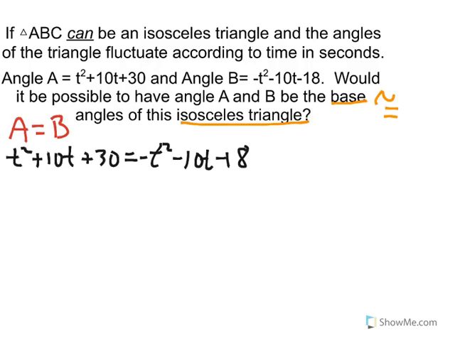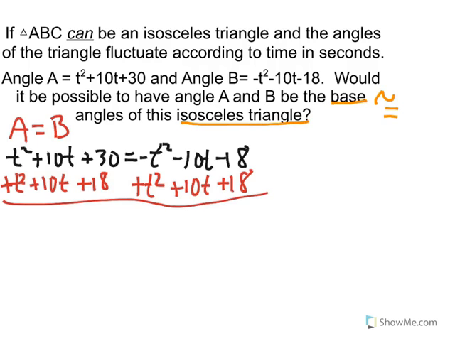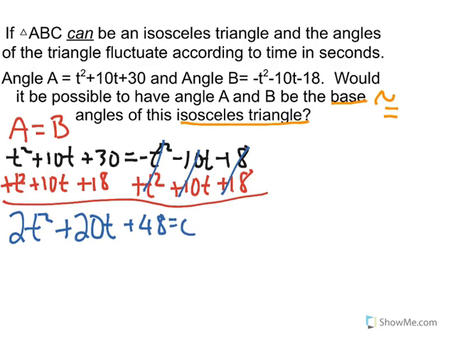Since this is a quadratic, I want to make one side equal to 0, keeping my t squared positive. So I will add t squared, add 10t, and add 18 to both sides. And we have 2t squared plus 20t plus 48 is equal to 0.